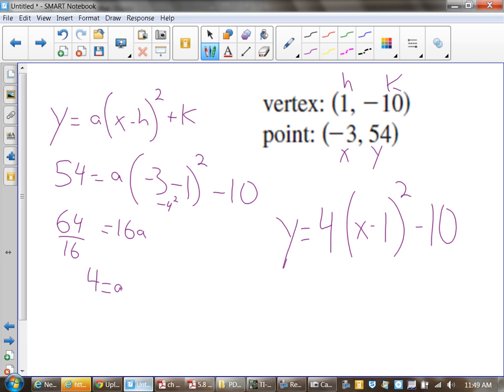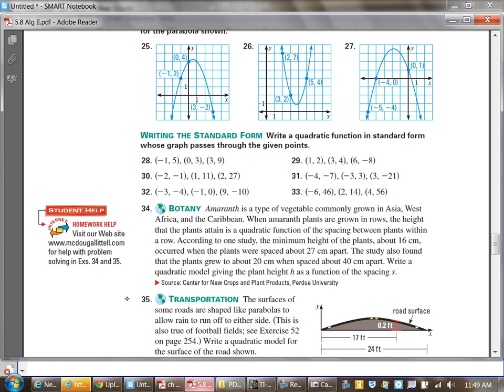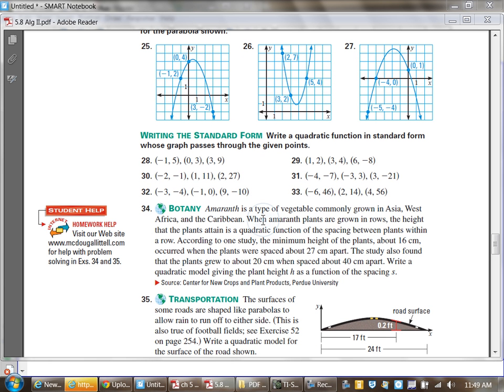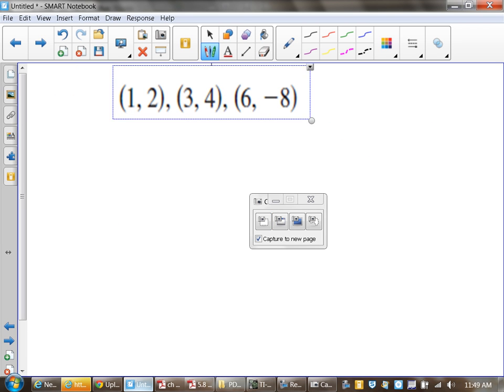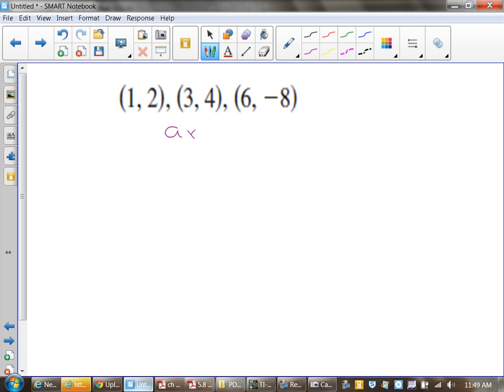If you were given sets of ordered pairs and you had to write the equation in standard form, that's when you had to use your matrix. Remember the nice easy trick with that? We had 3 ordered pairs, and standard form is ax squared plus bx plus c.